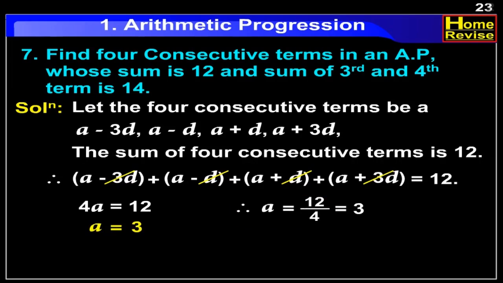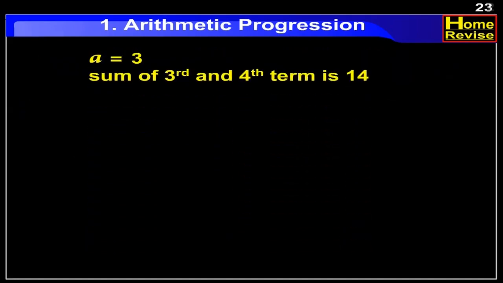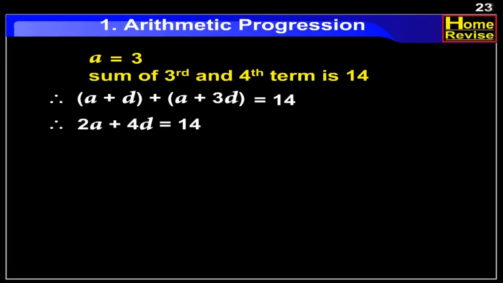Now, it is also given that the sum of the third and the fourth term is 14. Therefore, we have a plus d plus a plus 3d is equal to 14. Therefore, 2a plus 4d is equal to 14.